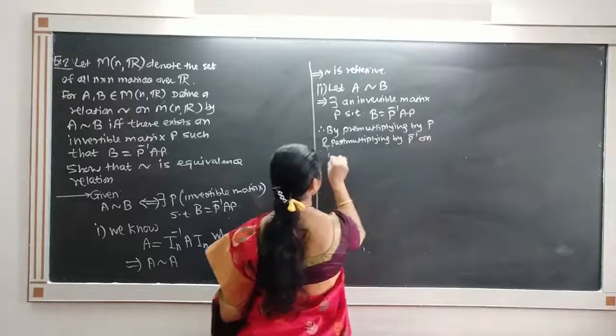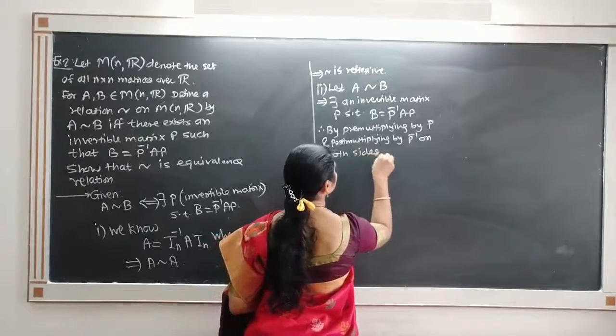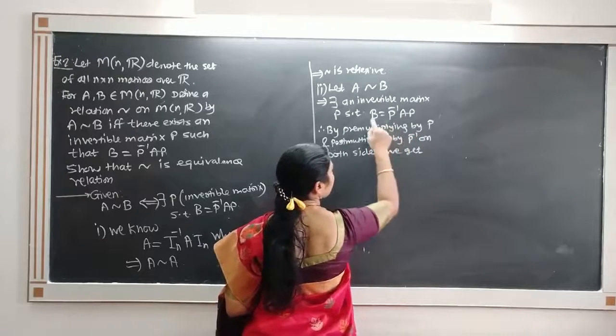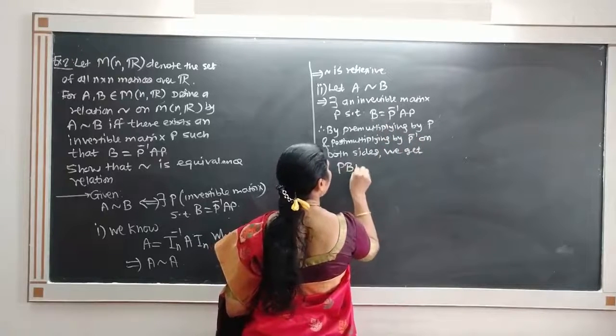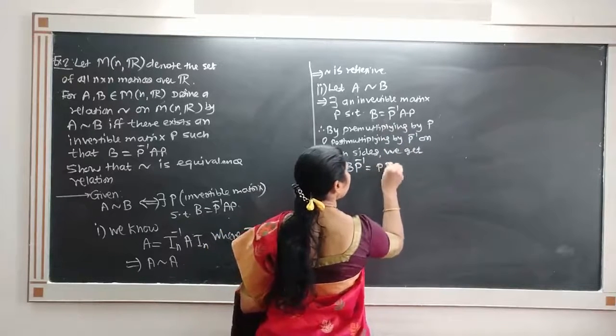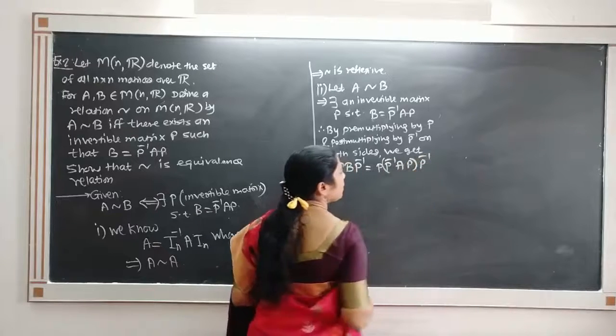See, we are pre-multiplying by P and post-multiplying by P inverse. On this side also, we are pre-multiplying by P and post-multiplying by P inverse.